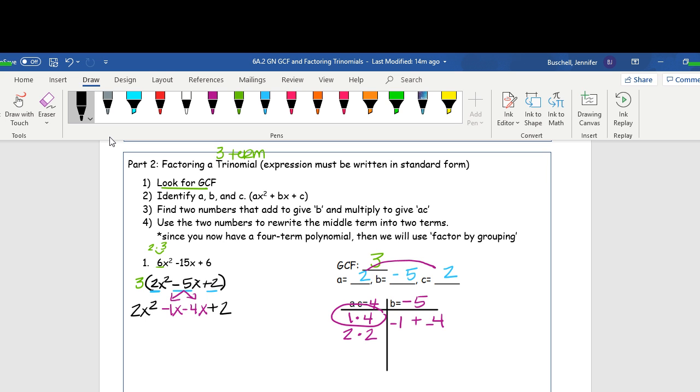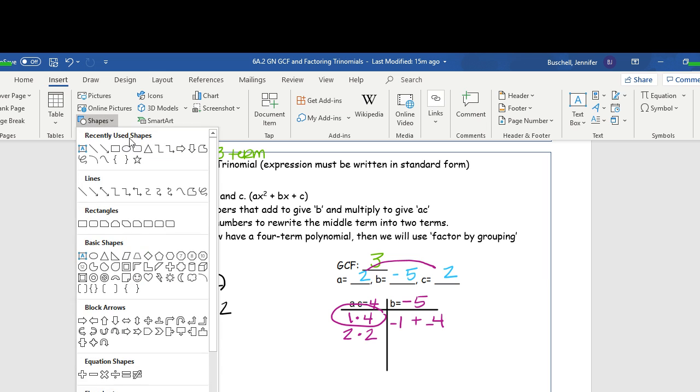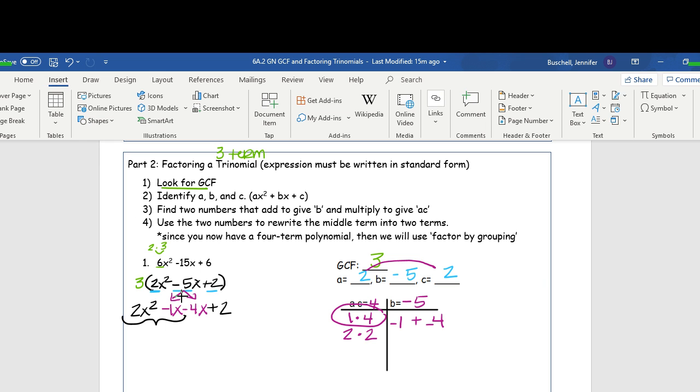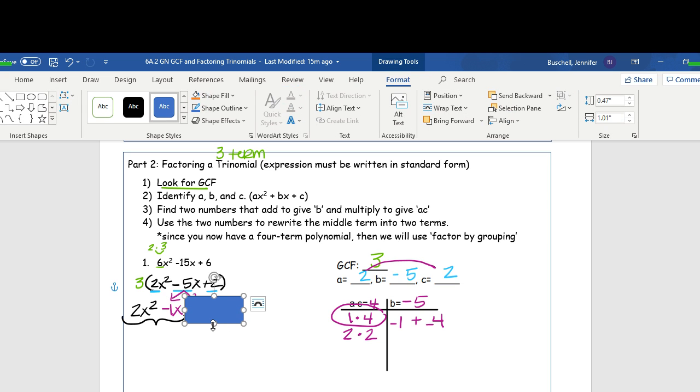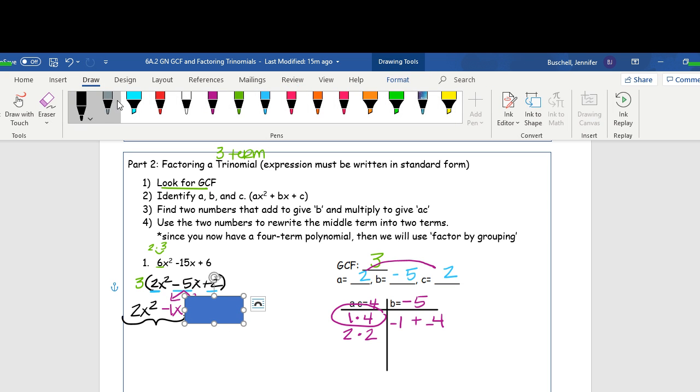I'm going to factor by grouping. So I'm going to group the first 2, and I'm only going to look at the first 2. So let me get a shape, and I'm going to cover this side up. Okay. And I'm going to find the GCF, exactly what we were just doing, between 2x squared and negative 1x.